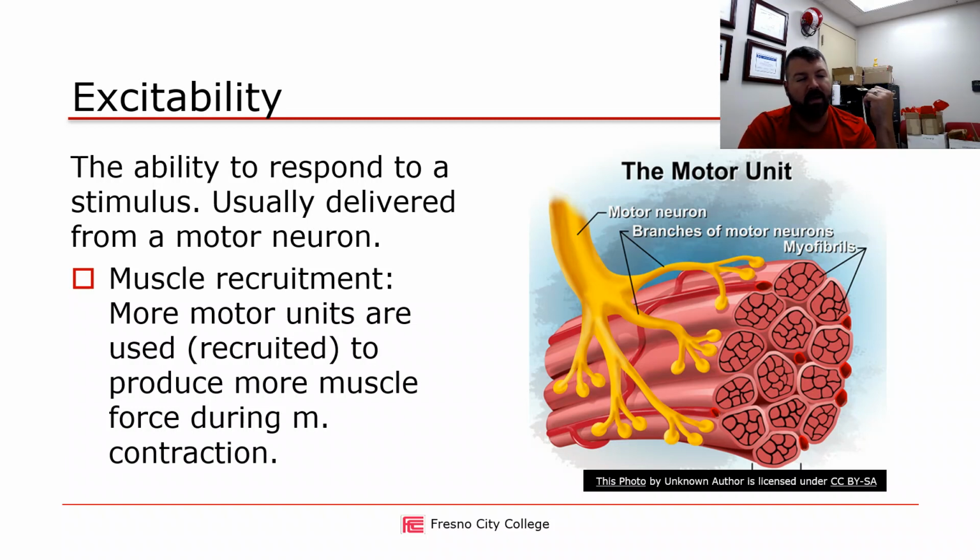If I were to pick up a 50-pound dumbbell, I may be using 300 motor units, and each of those motor units could innervate, I don't know, let's say 500-600 muscle fibers. So now I have substantially more motor units, which is bringing more muscle tension to oppose a greater amount of resistance.